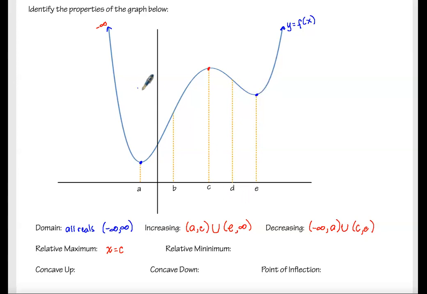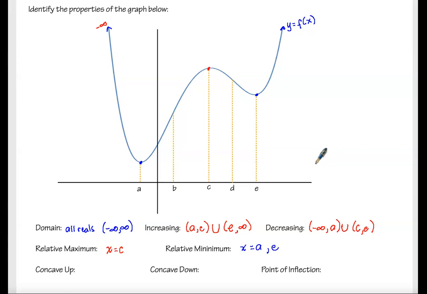So we say we have a relative minimum at x equals A and at x equals E.